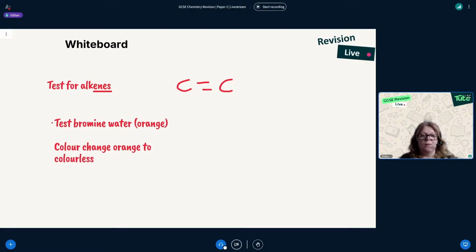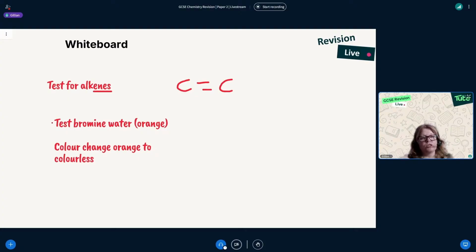So the alkene, because it's a small reactive molecule, will basically decolorize that bromine water, and that's how we know whether we've got an alkene or an alkane, because alkanes don't react with bromine water.